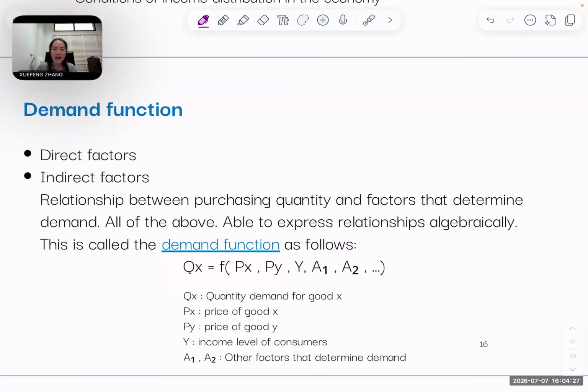Here we have the demand function. This is just a way to write everything we just discussed as one equation. Okay, so we have direct factors, price, indirect factors, right? And then the relationship between purchasing quantity and factors that determine demand, all of the above, we are able to express algebraically. This is called the demand function, and we can write it as follows.